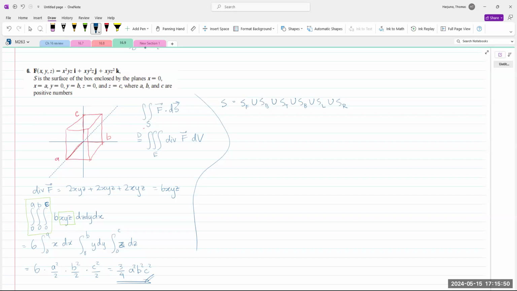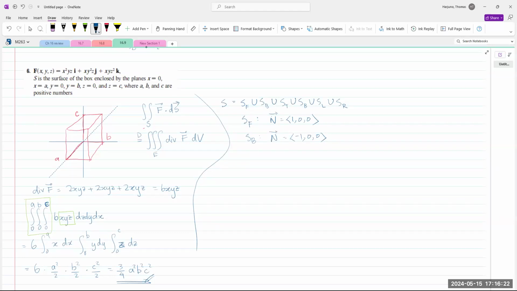Okay, the front one will have the normal vector 1, 0, 0. The front one, this one here, the vector normal to it will be 1, 0, 0. The back one will have normal vector negative 1, 0, 0.